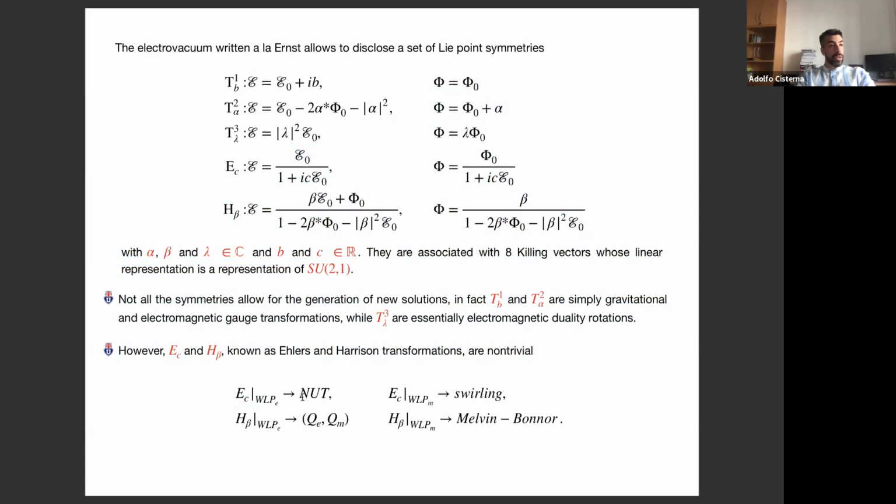So it might take a solution and induce a NUT parameter. I guess you know what the NUT parameter is, but it's the first stationary generalization of Schwarzschild. It's not Kerr-like rotation, it's something different, but this is what the Ehlers transformation does. And it also can have the nice effect of producing what is called swirling.